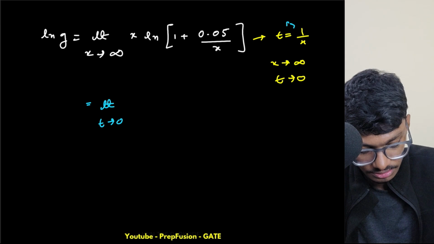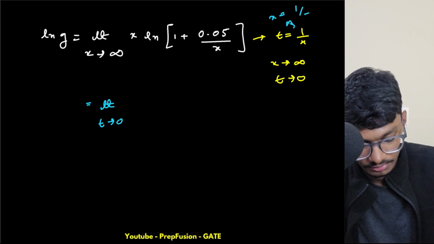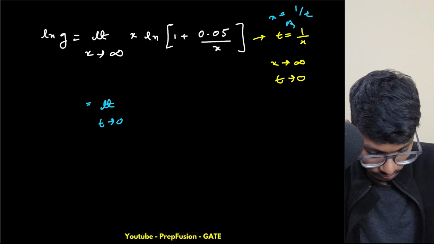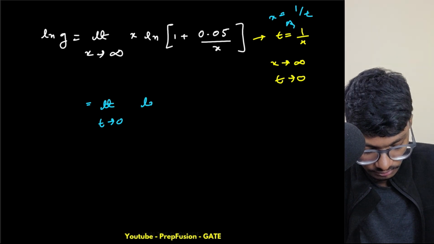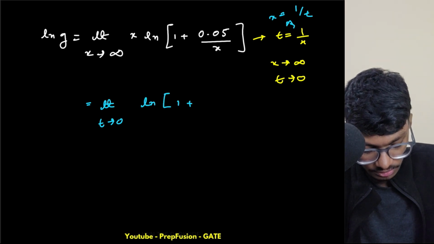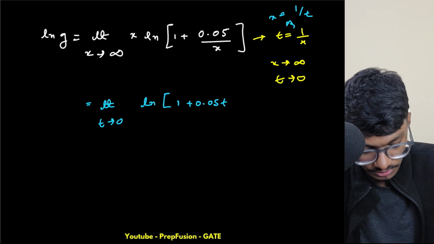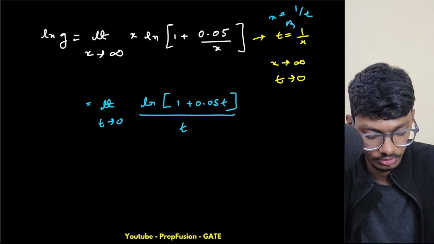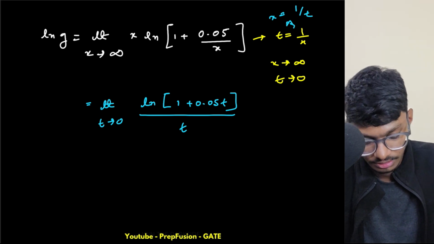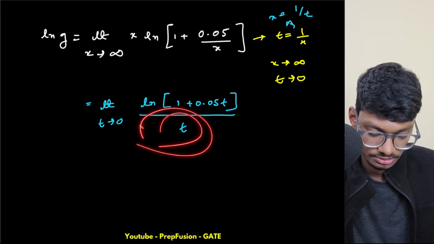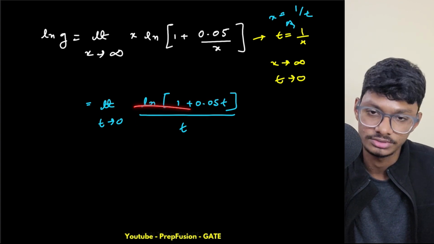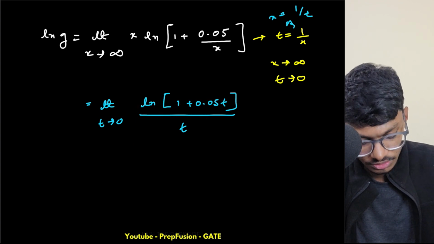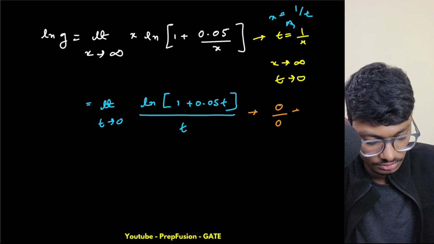So ln(1 plus 0.05 t) divided by t itself. Now if t goes to 0, this is ln 1, which is 0, and this is also 0. So 0 by 0 format, we can use L'Hospital rule.